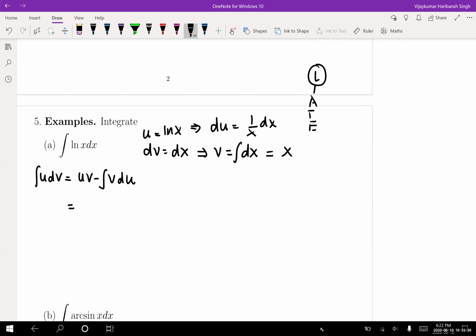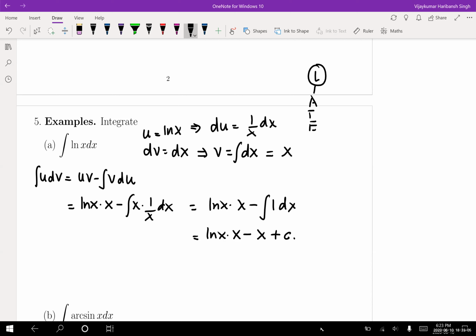We get uv, which is ln x times v, which is x, minus the integration of v du, which is x times 1 over x dx. So this is going to be ln x times x minus the integration of 1 dx, which is x plus c.